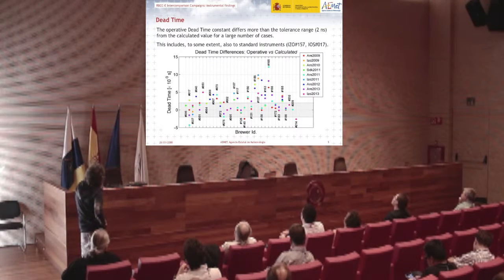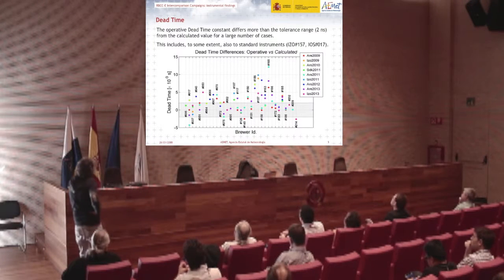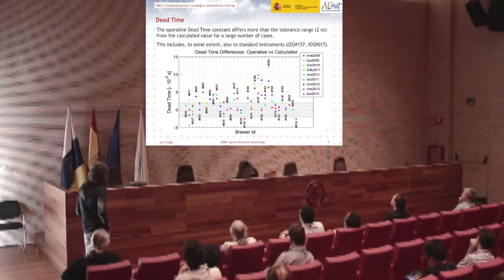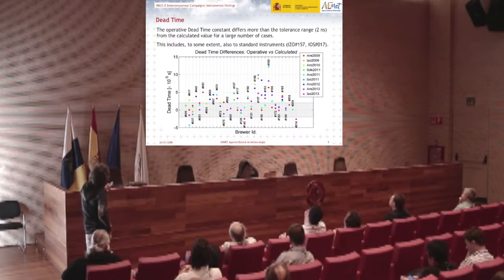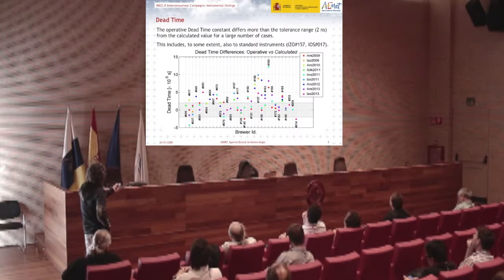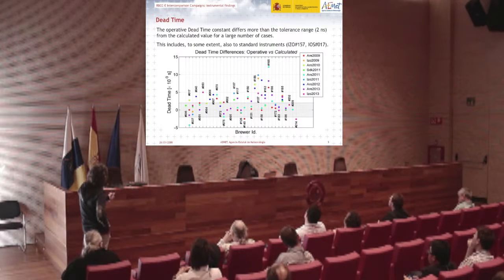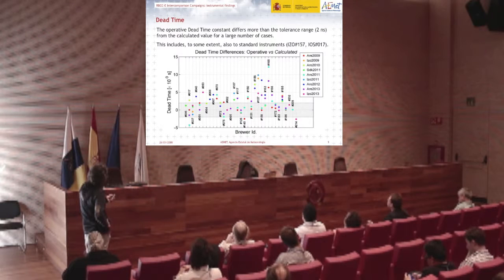It is also remarkable that the tolerance range used to be 2 nanoseconds, and we see in the plot that a large number of cases show dead time deviations higher than 2 nanoseconds. In some cases, it's really large, like in this case.